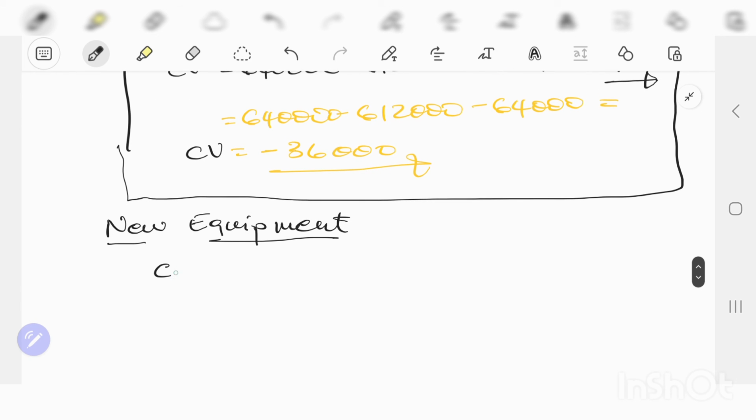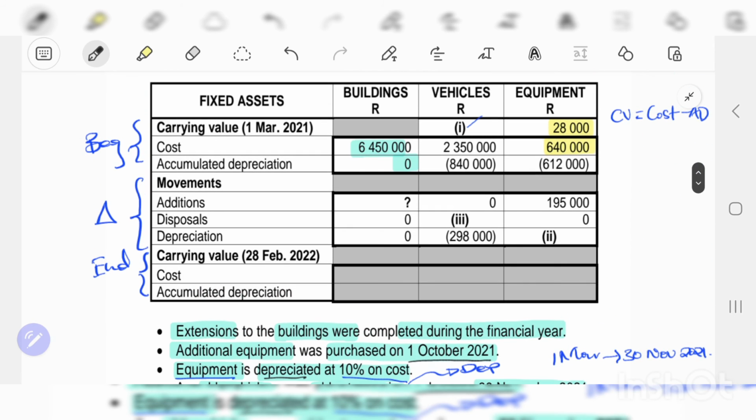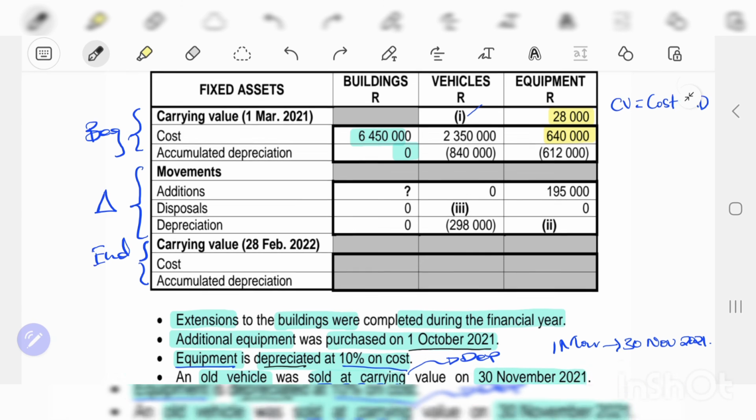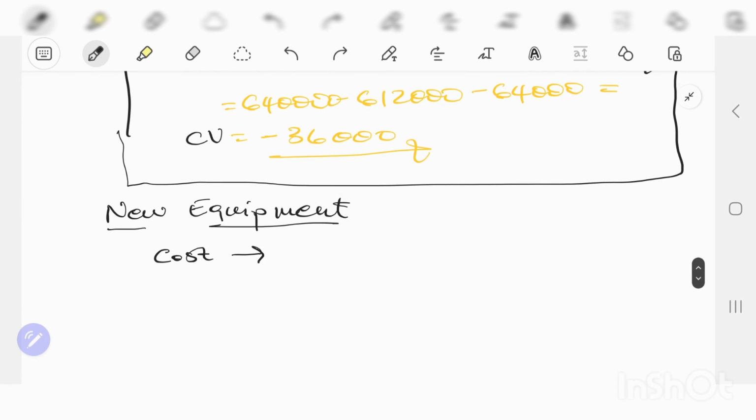So we are going to say cost is how much? The cost of this new equipment is 195,000. So this is 195,000 multiplied by 10%, which is the depreciation percentage. But this new equipment, we bought it during the year, so we need to account for time, which is the number of months.